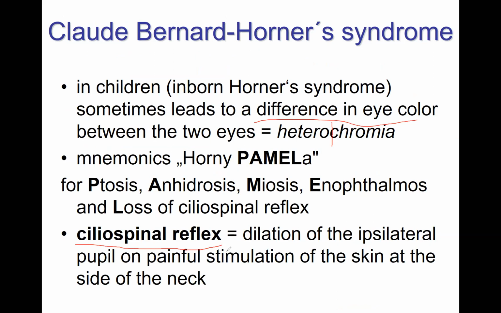Yeah? If you pinch yourself into the neck skin, you can see a dilation of the pupil on the same side, which we call the ciliospinal reflex. Yeah, cilio, because the ciliary body within the eyeball is the organ responsible for dilation, or within the ciliary body we have the muscles which do this. So that's the ciliospinal reflex.